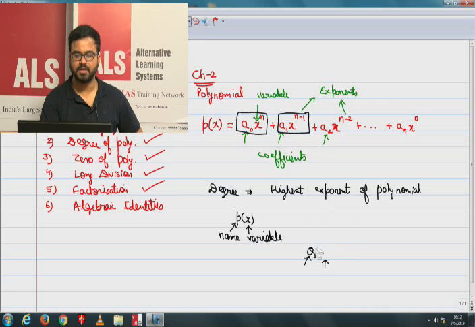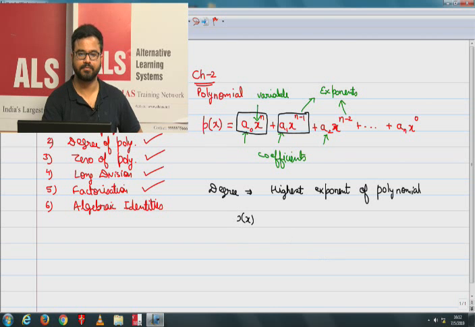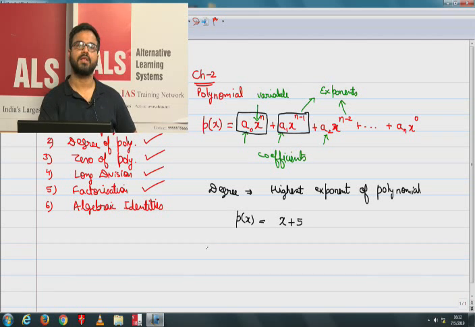Now, let's say p(x) is x plus 5. Here the variable is x. The exponent of x here is not written, so by default it is 1.